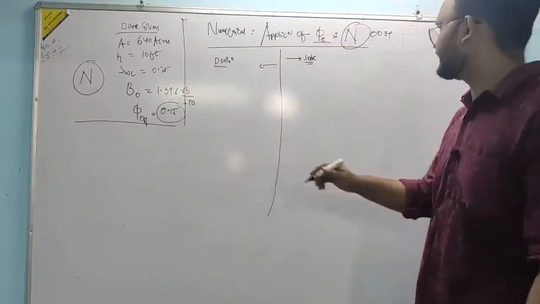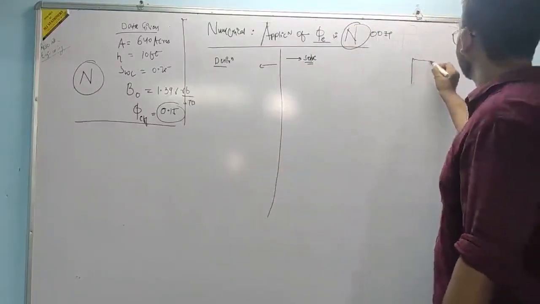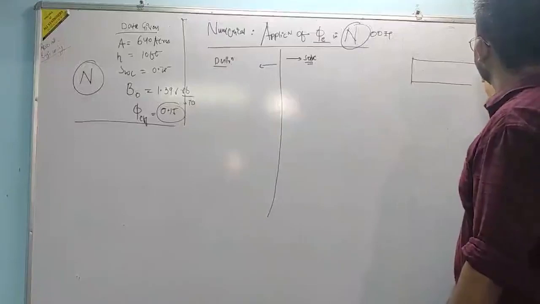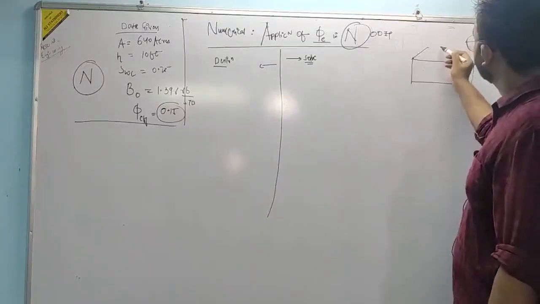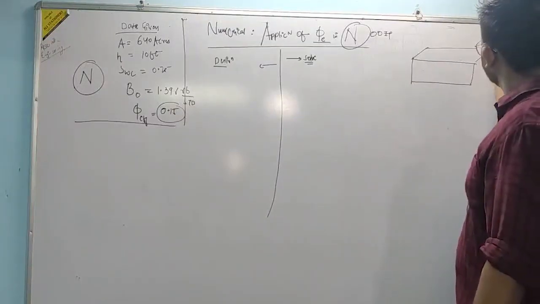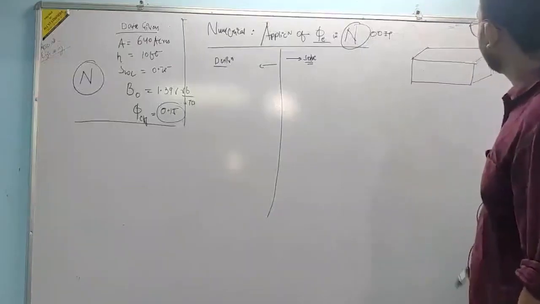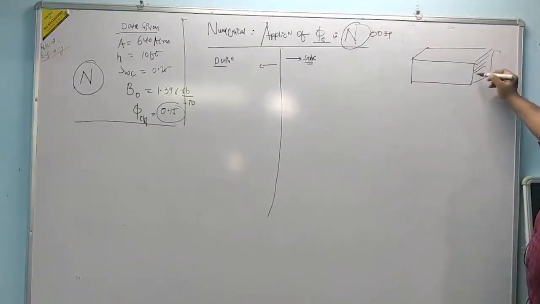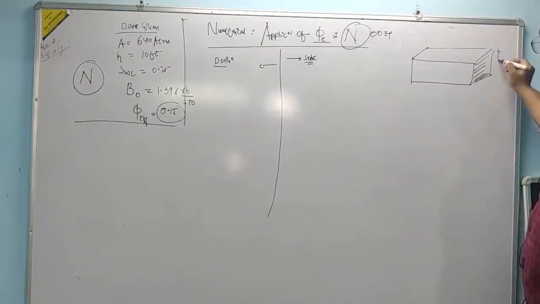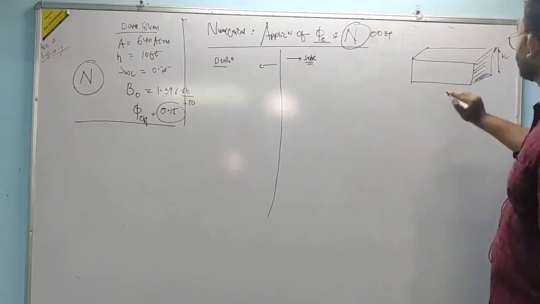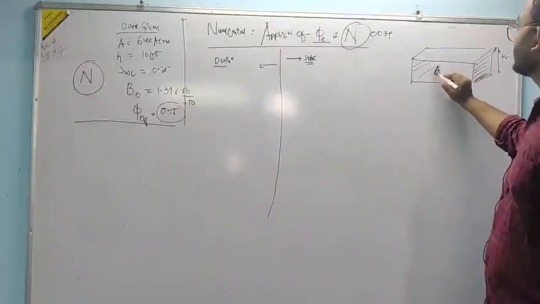If I try to draw a diagram of it, this is our reservoir rock. This is the area, and this is the thickness.